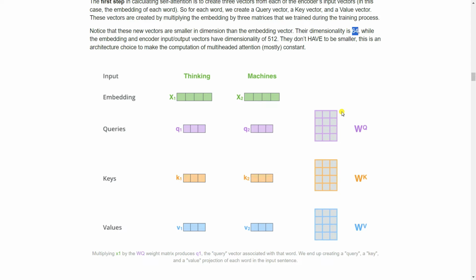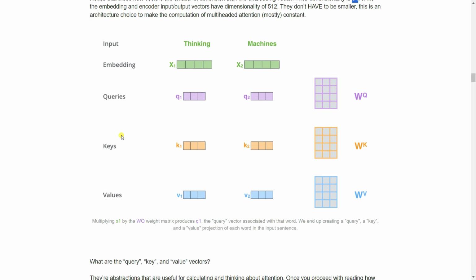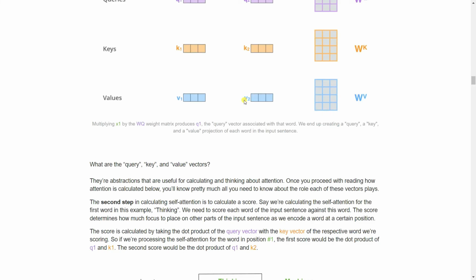Then you update the weights using backpropagation and do the weight updation. So that is actually happening here. The embedding vector is 512 and the dimension of the weights is 64. We have the queries, the keys, and the values, and we have their respective kernel, or you can say filter.